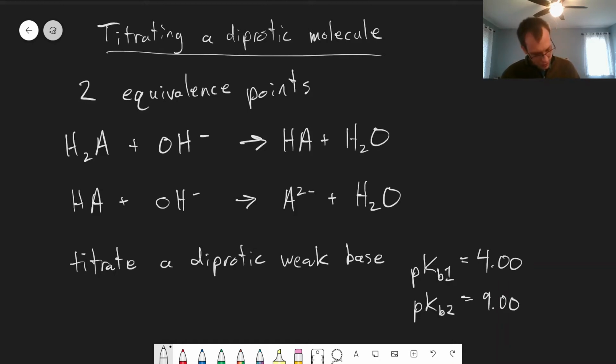The equivalent pKa values: pKa2 is equal to 10, not 1, but 10. And pKa1 is equal to 5.